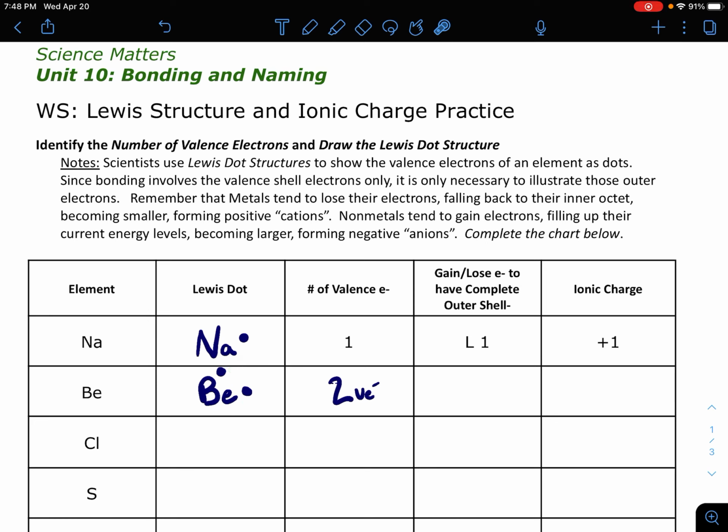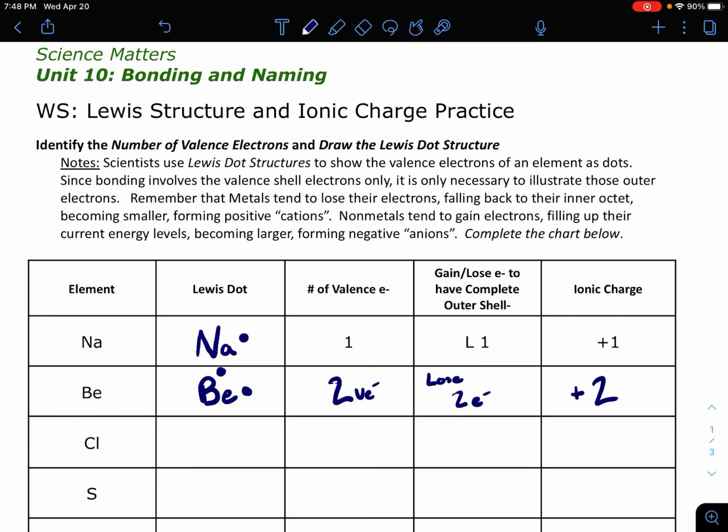So it's easier for beryllium to lose 2 electrons. If beryllium, just like sodium, loses negative charges, it's going to have a positive charge, but not just a positive 1 charge. Since it lost 2 of them this time, it's going to have a positive 2 charge. 2 lost electrons, 2 positives.